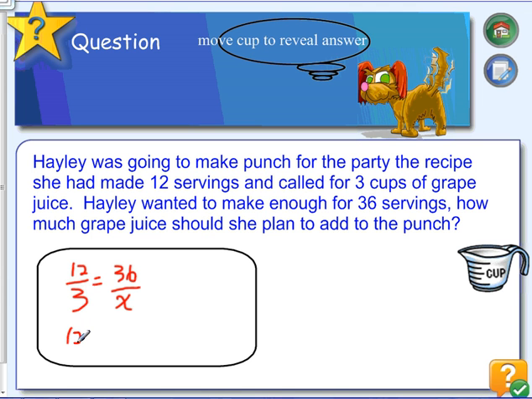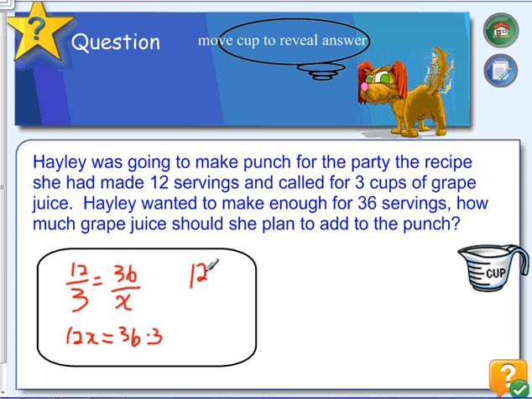I can say 12x equals 36 times 3. Multiply 36 times 3, which is 108. So I'm just going to move it up here because I'm running out of room.